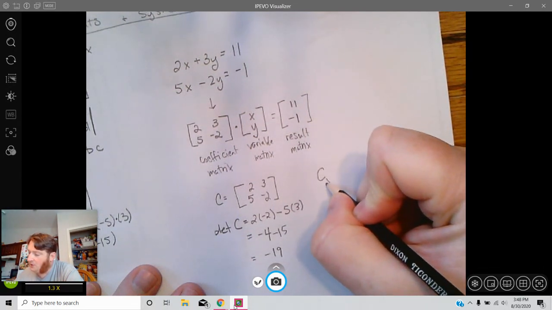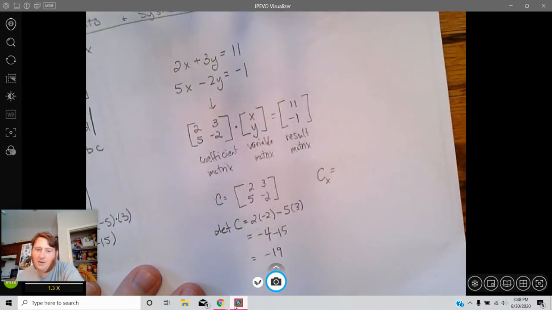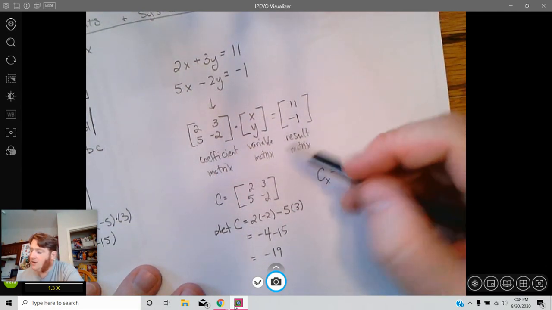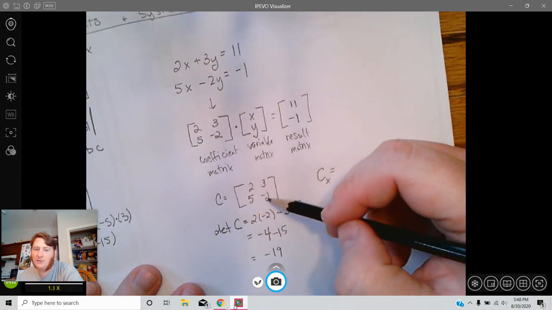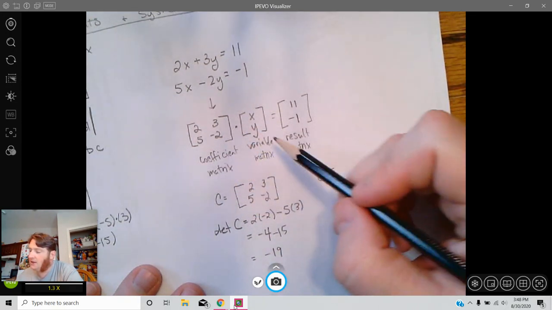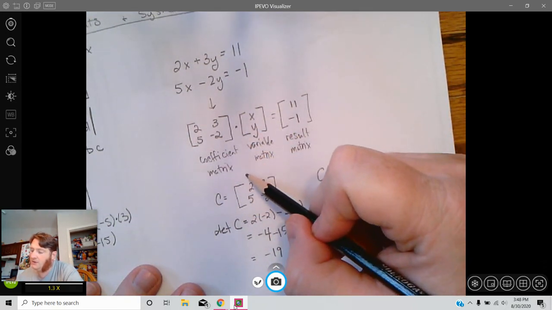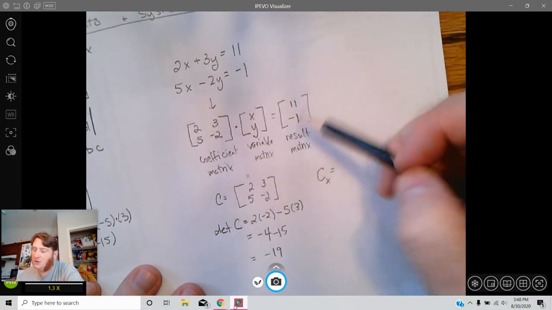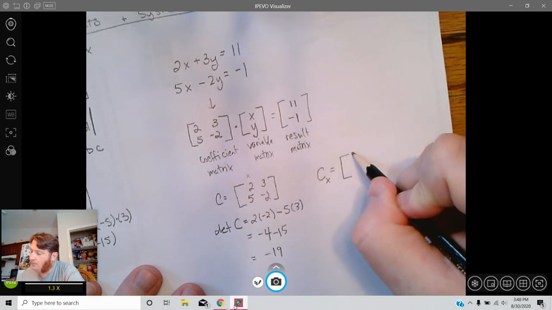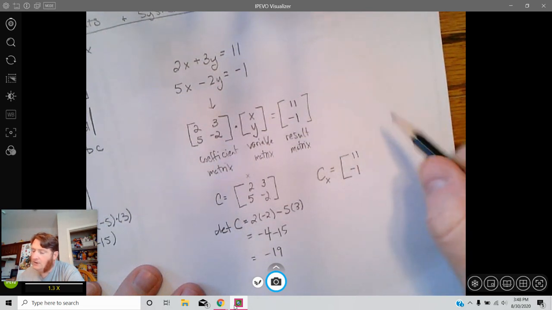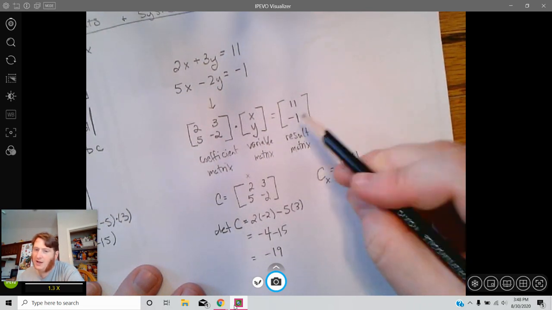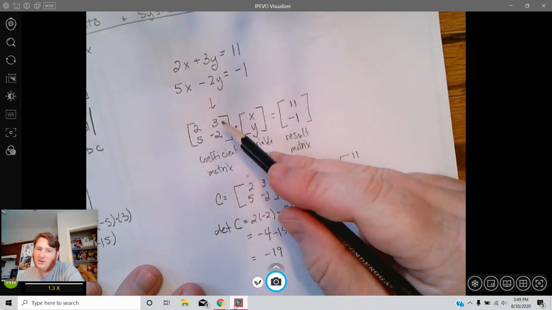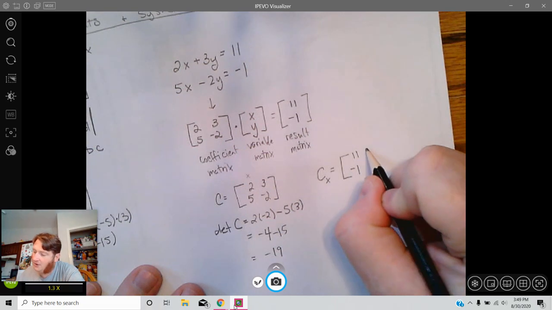I'm going to form a new matrix. And what I like to use as the notation is C subscript X. So I'm going to take this coefficient matrix and I'm going to replace the X coefficients from this column with the numbers from the result matrix. So those two numbers are the 11 and -1 from the result matrix. This column is still going to be the same thing for Y as it already was.